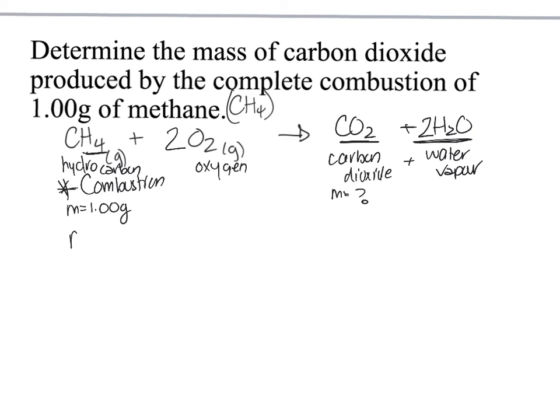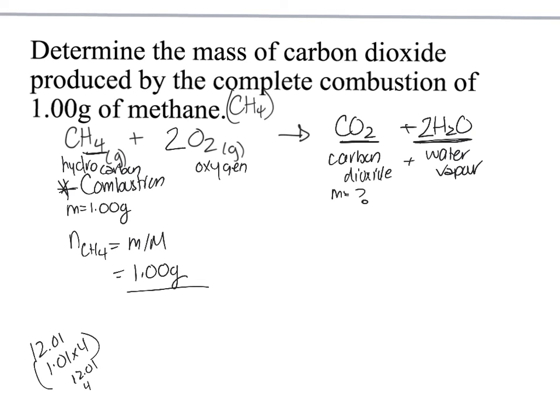Okay, now the first thing I'm going to do is figure out the number of moles of methane that I have by doing mass divided by molar mass. So I have 1 gram, so 1 carbon is 12.01. 4 hydrogens times it by 4, so really that is 12.01 plus 4.04, so divided by 16.05 grams per mole.